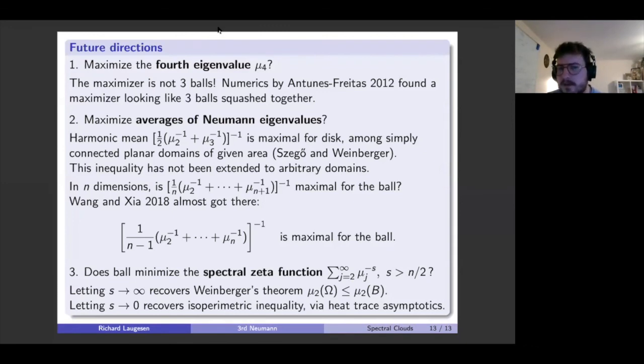Do you know if there's a similar result for Neumann eigenvalues? When I say the disk, I mean the disk or unions of disks, that after some point it needs to be something else than disks or unions. Do you know if there's something similar for Neumann?